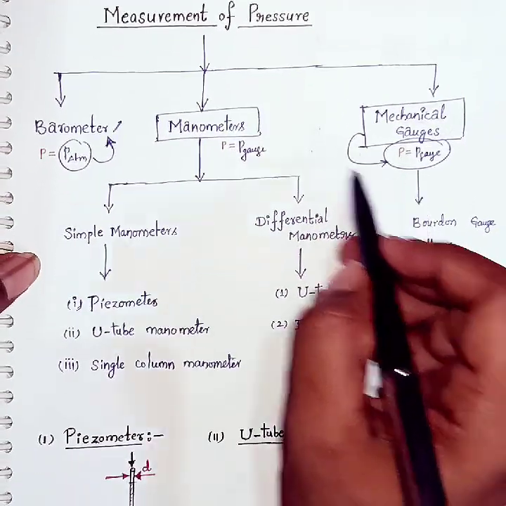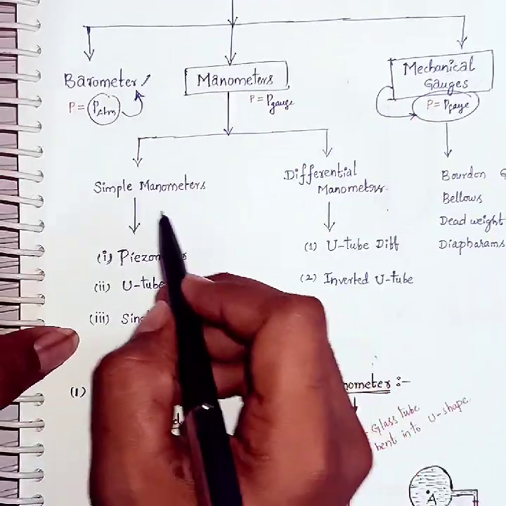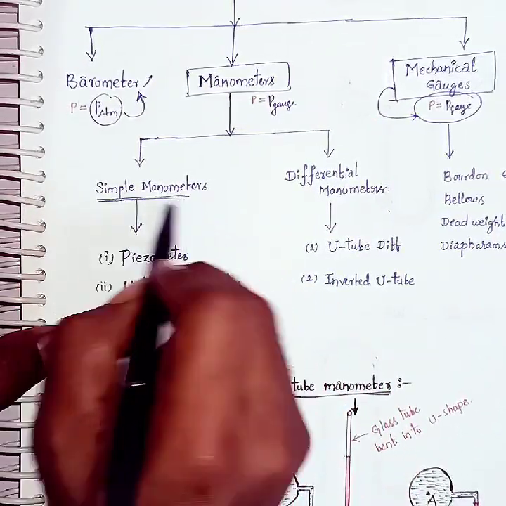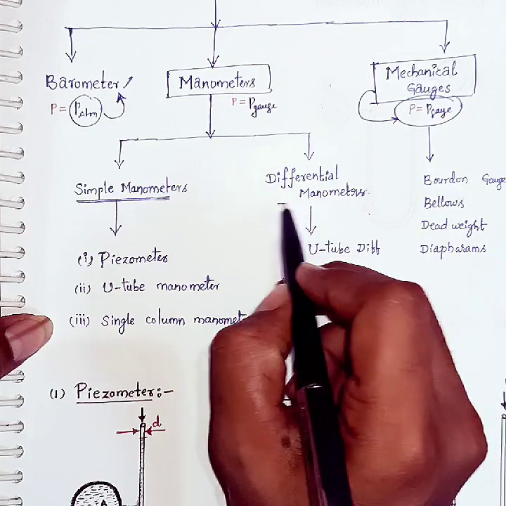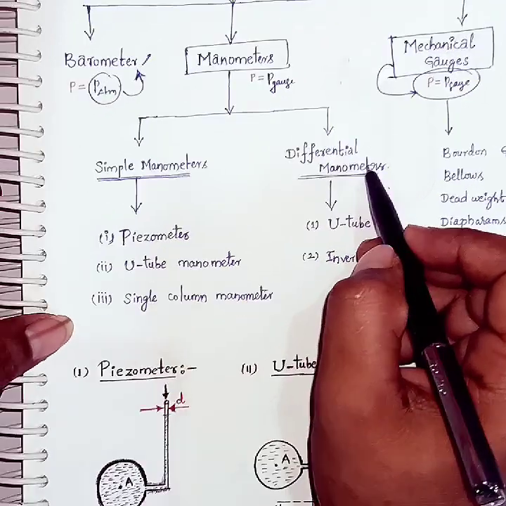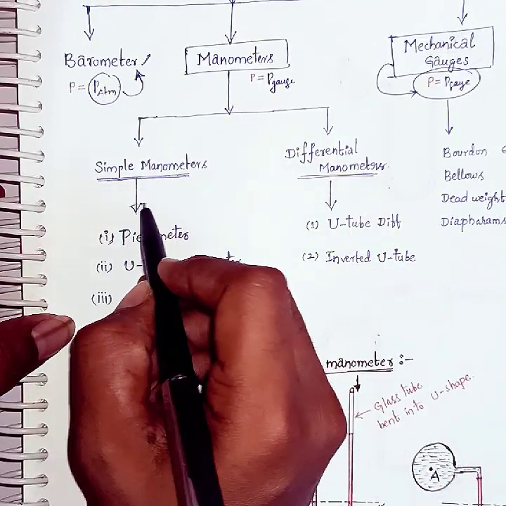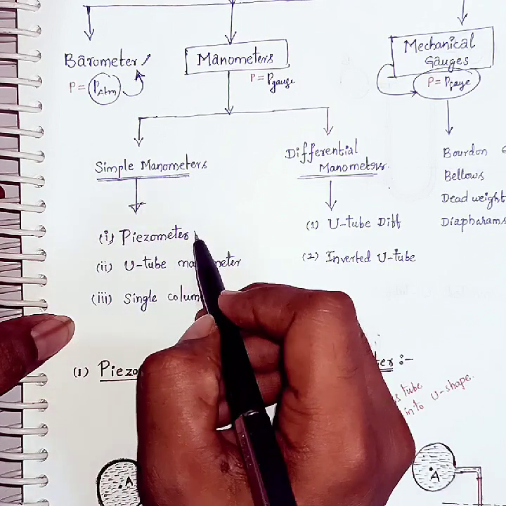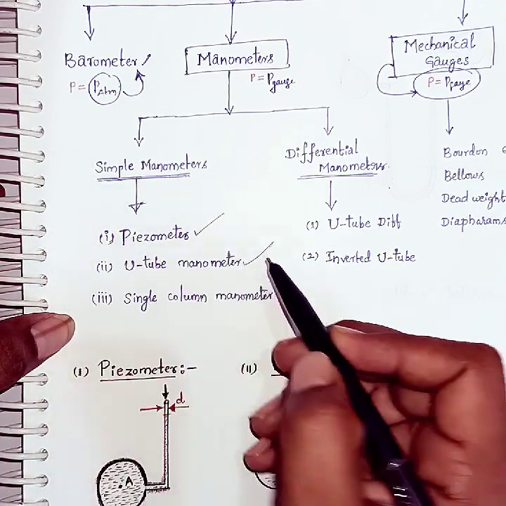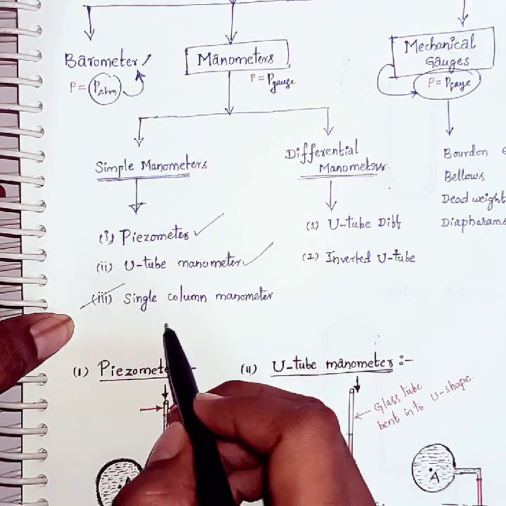If we classify manometers, the first one is simple manometers and the second one is differential manometers. If we again classify the simple manometers, those are piezometer, U-tube manometer, and single column manometer.